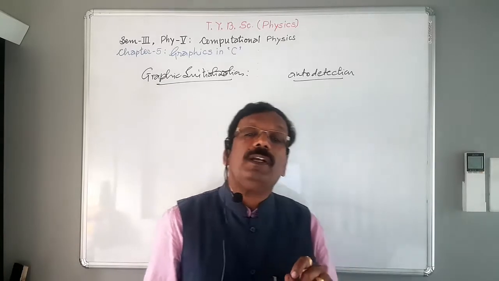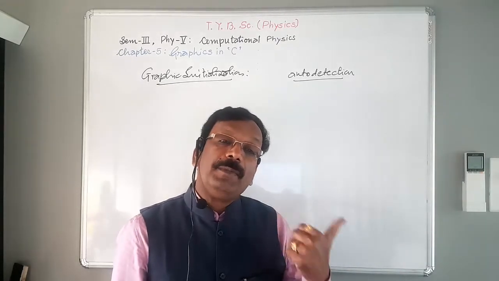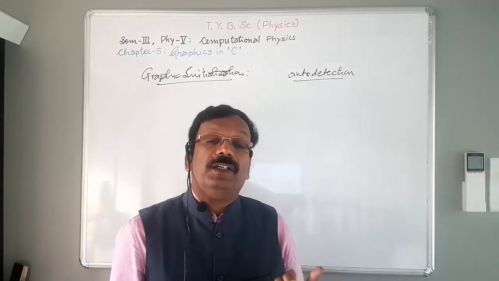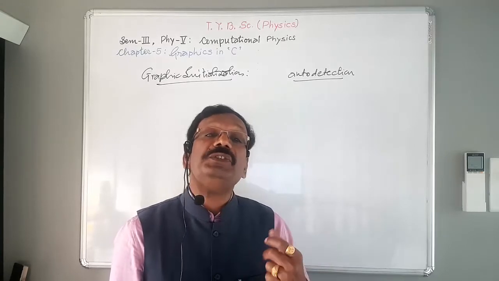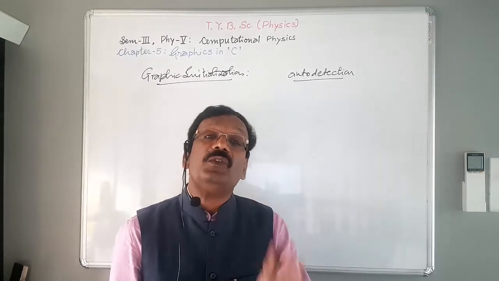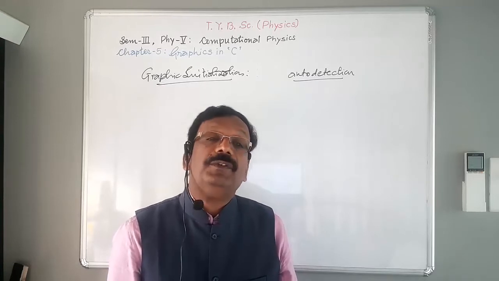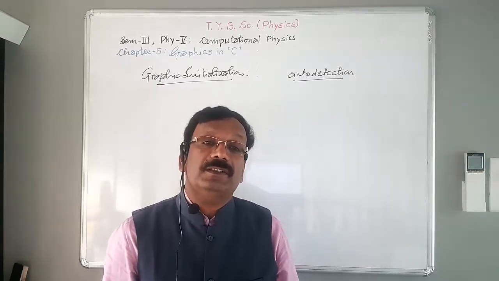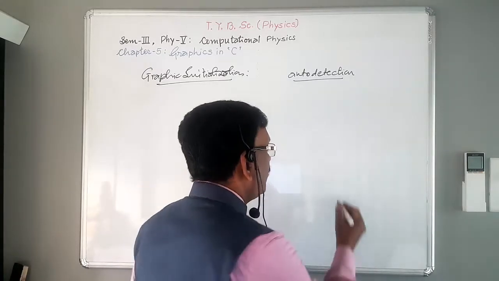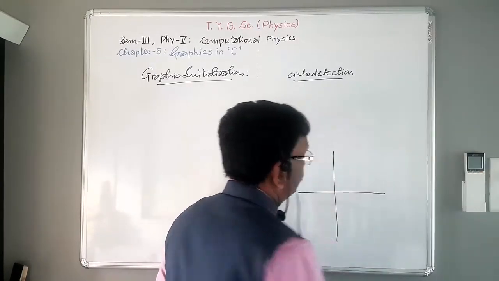For proper understanding and manipulation of the graphics, we should know the screen coordinates. When we studied in mathematics or in mathematical physics, we are very familiar with the Cartesian coordinate system.